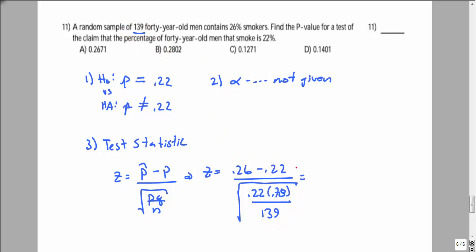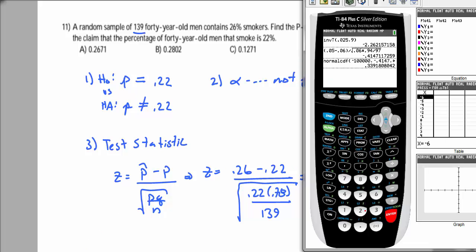Now again, you have to be careful about how you enter this in your calculator, because you need to make sure everything is correctly underneath that square root sign. So I want to put the numerator in parentheses to make sure I'm dividing correctly. Here I'd have 0.22 times 0.78 divided by 139. And I get 1.138 here for my test statistic.